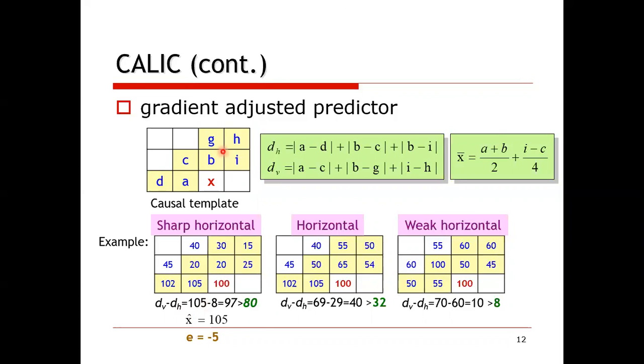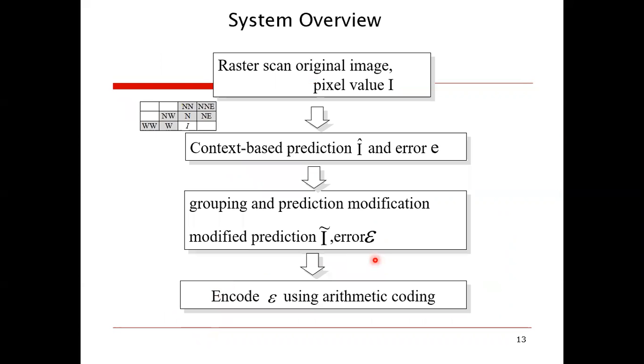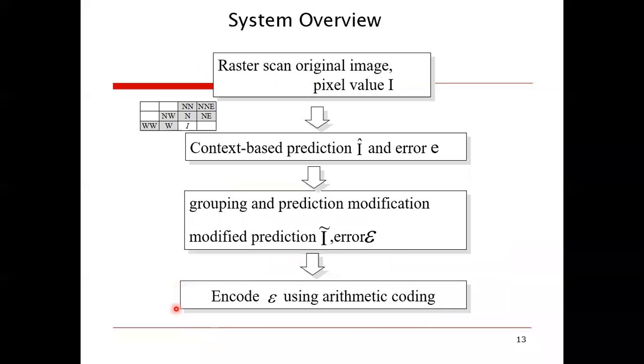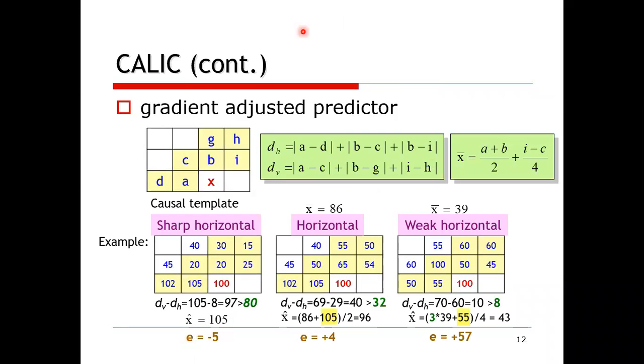What is the prediction value of the given pixel 100? I bar becomes 105 in this example. X bar is equal to dB minus ds. What is the prediction error E? The prediction error E is equal to x minus x bar, so it becomes 100 minus 105, which is minus 5.